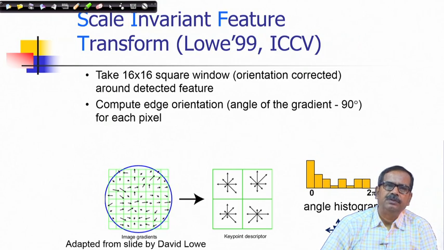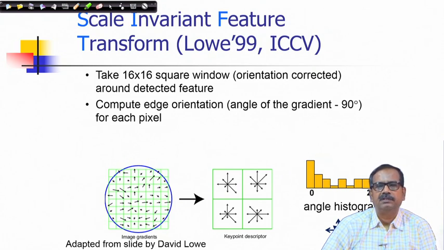So, what we need to do? We need to compute the edge orientation, that means the angle of the gradient minus 90 degrees. In the very first lecture I discussed the gradient operations: you compute the derivative along the x direction and the derivative along the y direction.